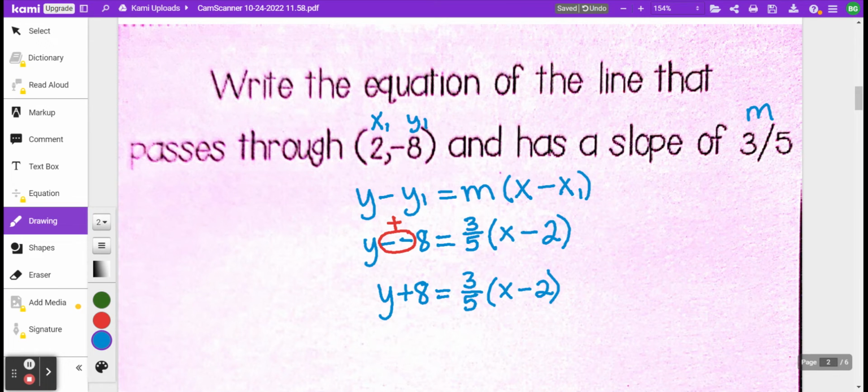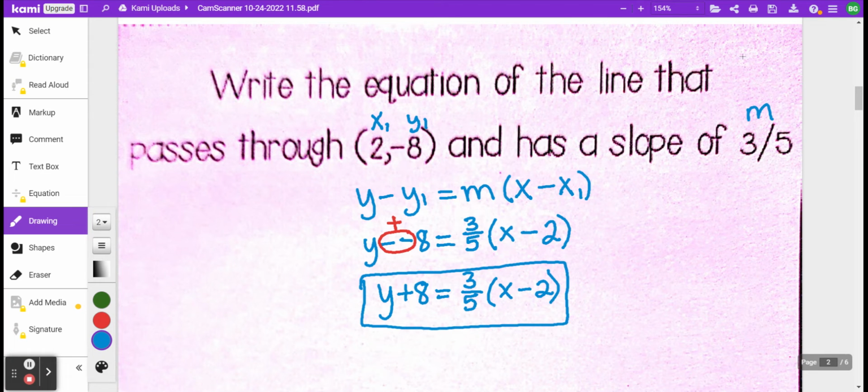If I'm given my point and I'm given slope, I am just writing it in as this equation. What you may start noticing is even though I started with a -8, I have a positive 8 in my equation. Started with a positive 2, my equation came out to a -2. You'll start catching on and seeing that difference as we go through.